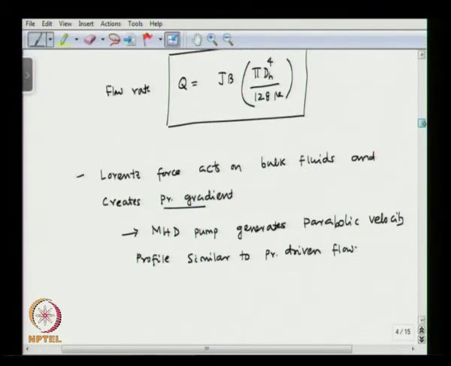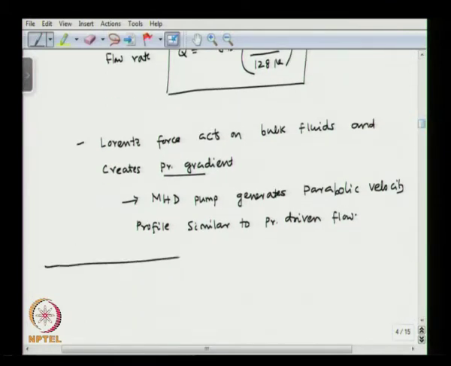So that finishes our discussion on magnetohydrodynamic pump.